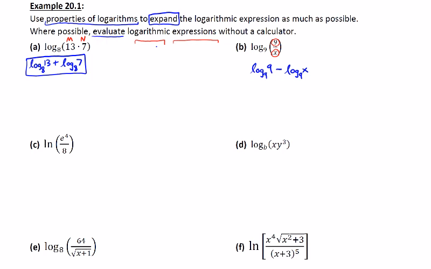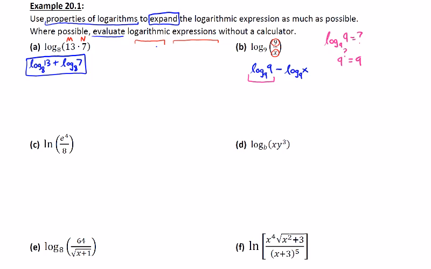Now, this particular example also has the ability to have a logarithmic expression evaluated. That's going to be the log base 9 of 9. If we look at log base 9 of 9 and set it equal to a question mark, then I would get the statement 9 to the question mark needs to equal 9.